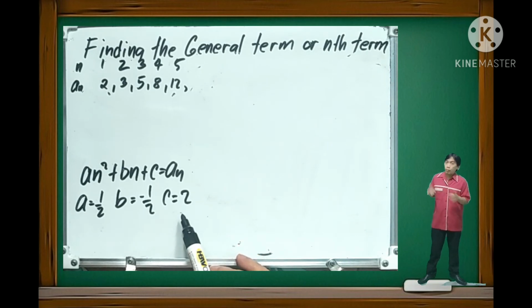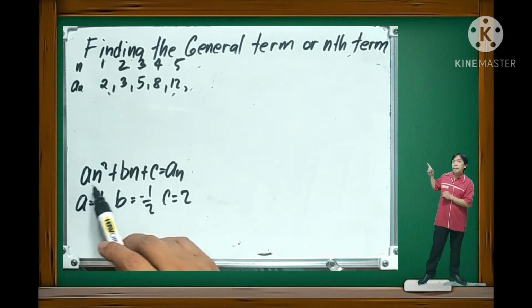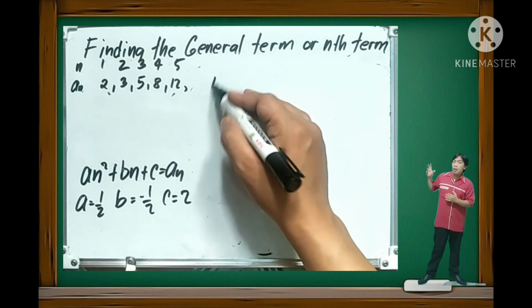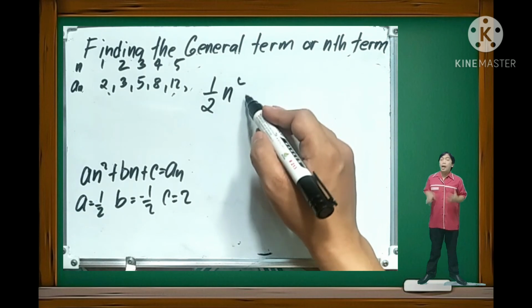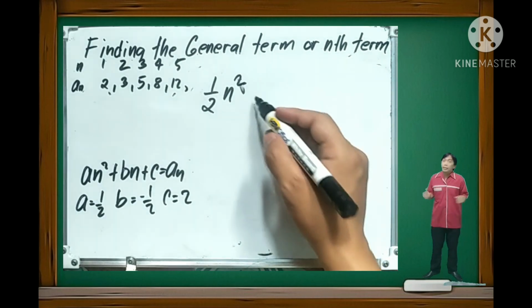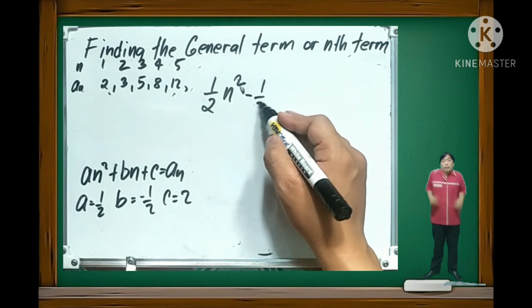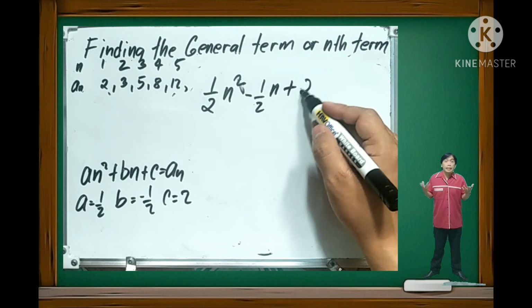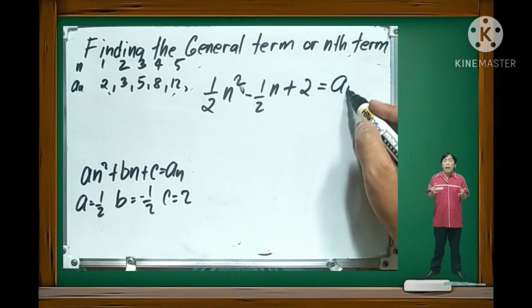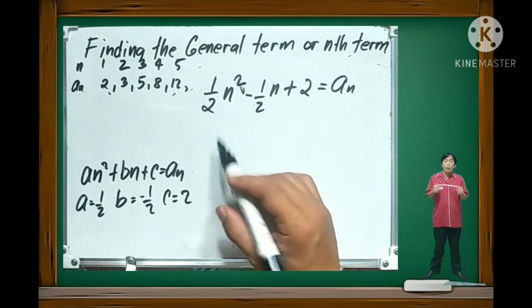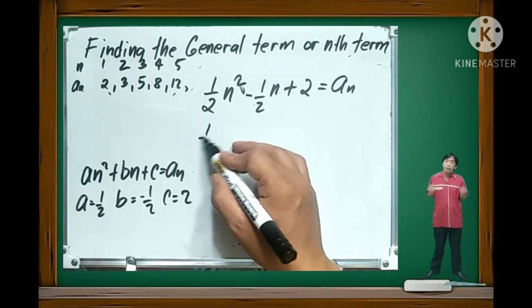Let us now substitute these values into the given quadratic equation. So we have a, 1/2 n squared, plus bn, so negative 1/2 n, plus the value of c, which is 2, is equal to a sub n. We notice that we can factor out 1/2, so I'll be pulling out 1/2.